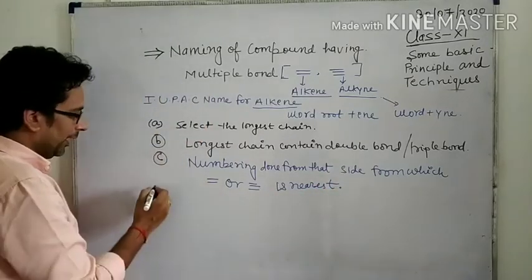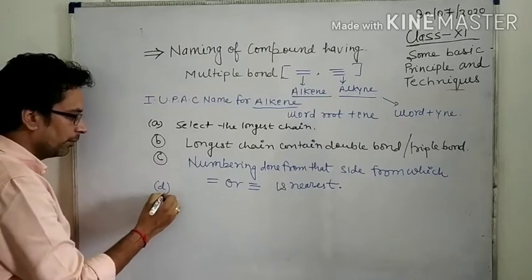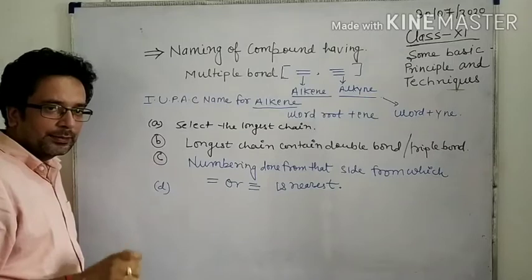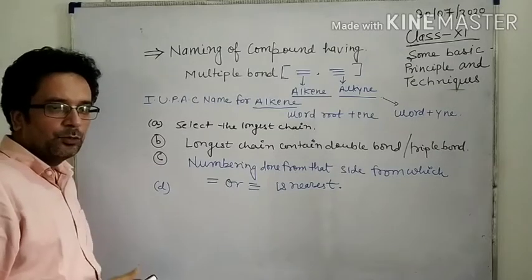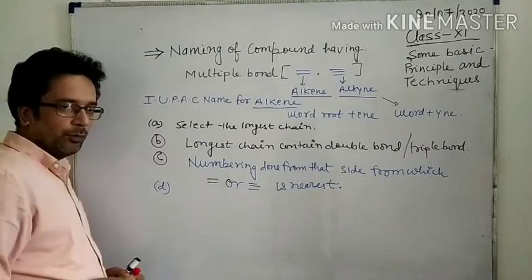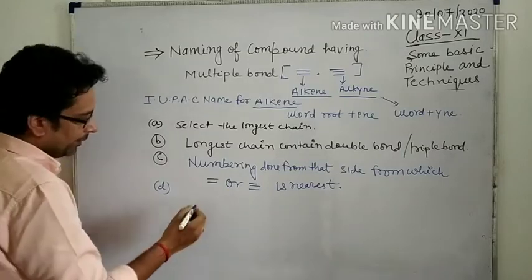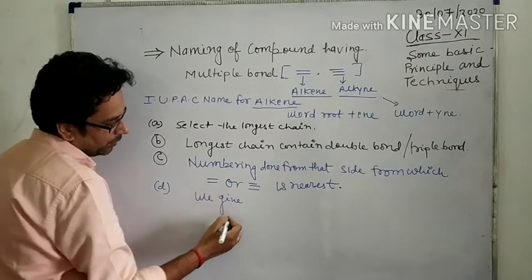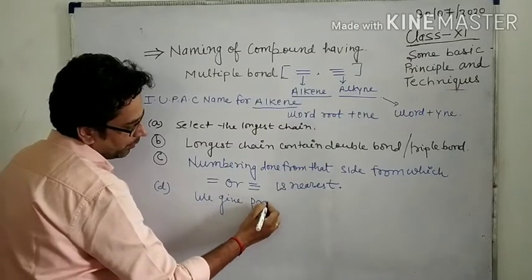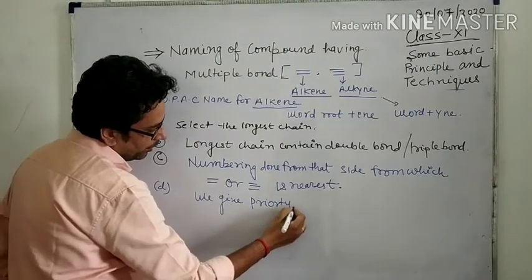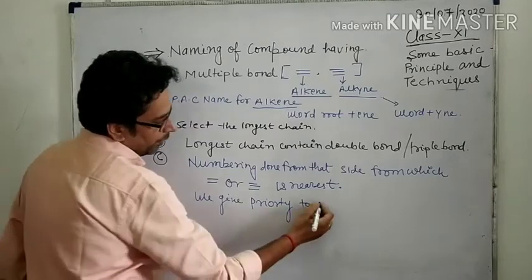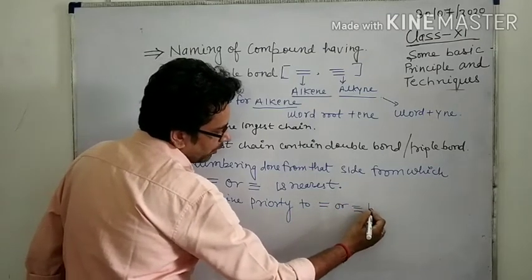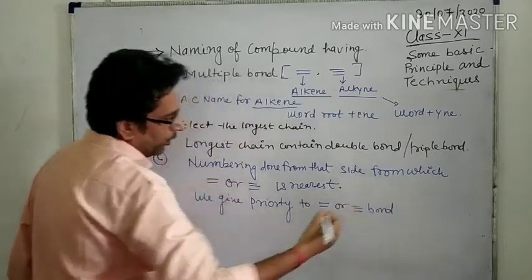Now the last point is what happens when a side chain, meaning an alkyl group, is present along with a double or triple bond. We give priority to the double or triple bond.